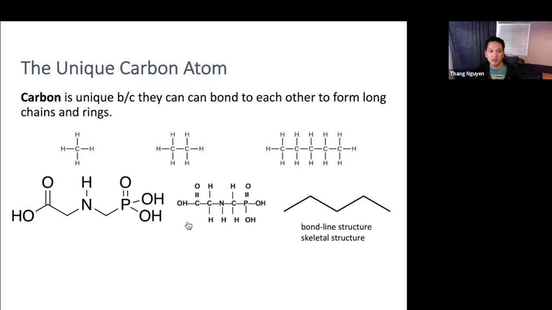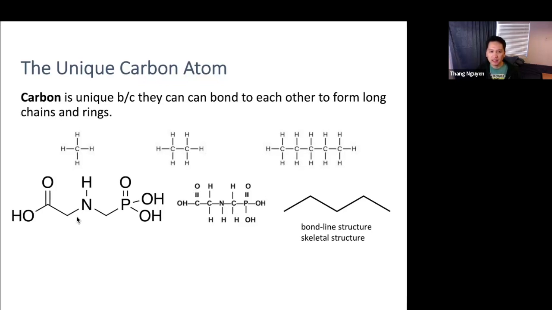Okay, so let's trace this molecule. So this OH is there. It's connected to this carbon, which is at the end of this line. And this carbon is doubly connected to an oxygen. Then connected to another carbon, which is just another segment. See, this is carbon, so we don't write it in. And the hydrogens, we don't write them in.